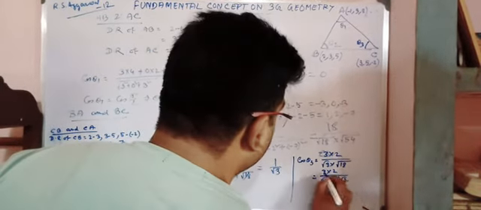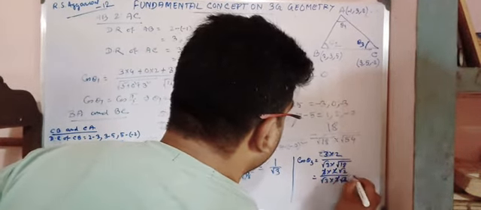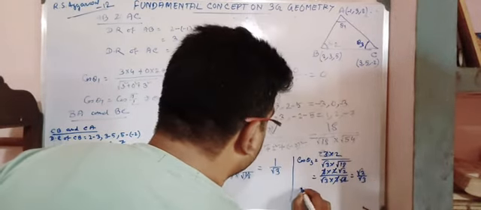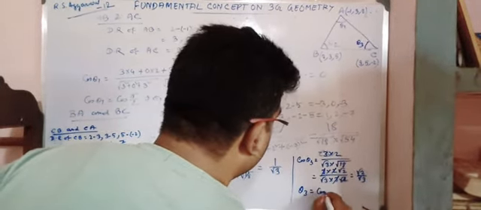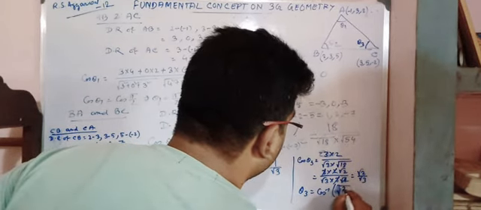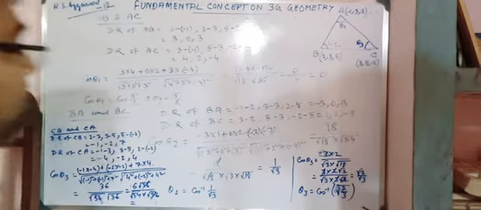Now this can be simplified, so root 2 by root 3. So theta 3 should be cos inverse of root 2 by root 3.